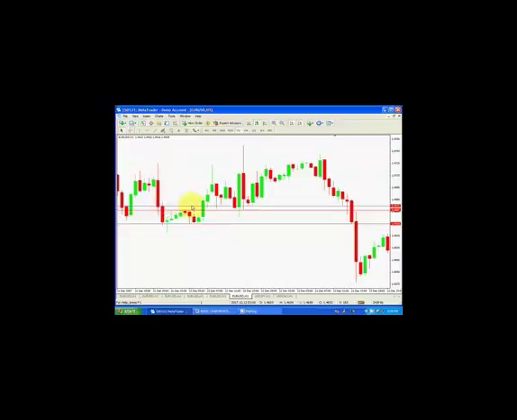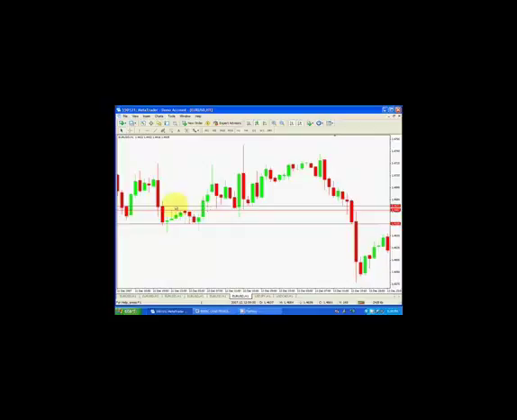And so now we see that if we entered long in this bar up above here, then we actually have two levels of buying support that can protect our long position, because now we know that buying is going to come in here and buying is going to come in here.